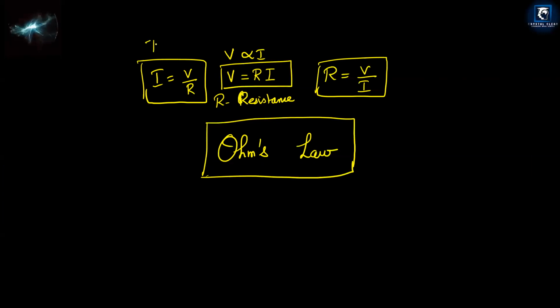I is always inversely proportional to the resistance, or the resistance is always inversely proportional to I. That is the proportionality. And now, what is R, resistance? The resistance is measured in ohm. So R is nothing but V, potential difference, by I, current, and that has a special unit called ohm. The ohm is denoted by a symbol called omega.